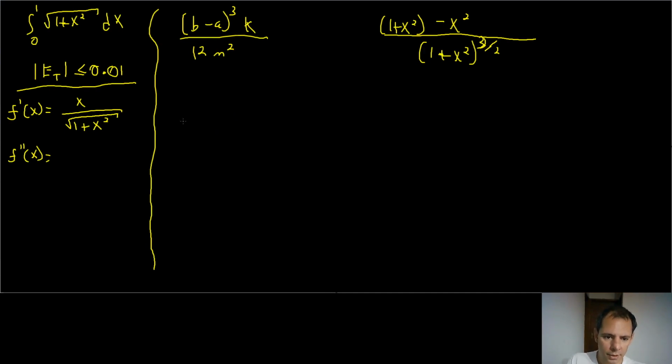It's going to be g of x, so it's 1 plus x squared to the half, times the derivative of the numerator, which is just 1, minus the numerator, x, times the derivative of the denominator, which is going to be half, and then you have 1 plus x squared to the minus 3/2.